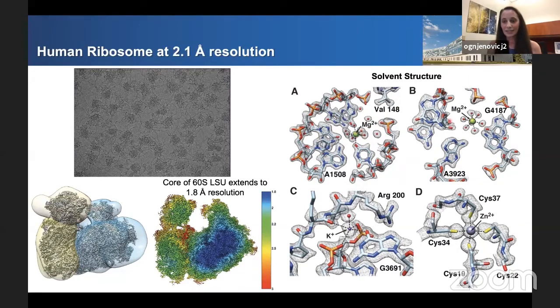Next to it is a hexahydrated magnesium ion. And using a map of this quality, we can begin placing highly coordinated potassium ions, which are distinguished by a coordination number and well-defined interatomic distances. The placement of zinc ions is usually trivial. And here you can see an example where a zinc ion is coordinated by 4 cysteine side chains.